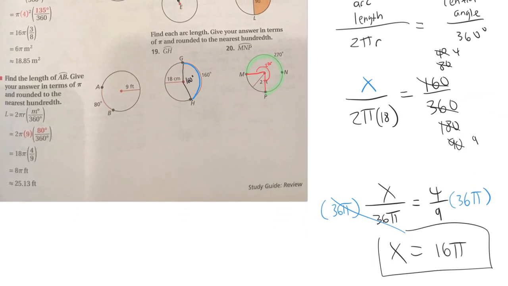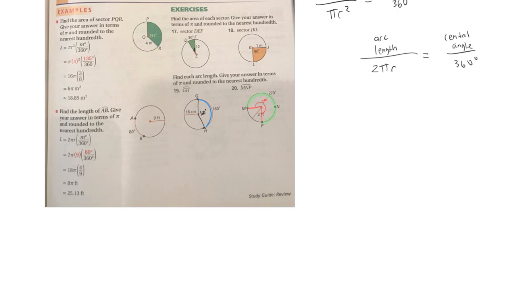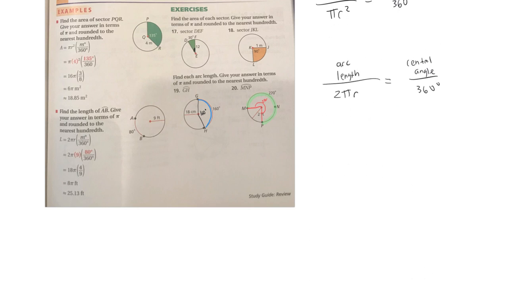So we would simply rely on this arc length formula again. So we're looking at x over 2 times pi times the radius. Looks like the radius is 2, equals the central angle, which is 270 over 360. 27 over 36, 9 over 12, 3 over 4, I believe.